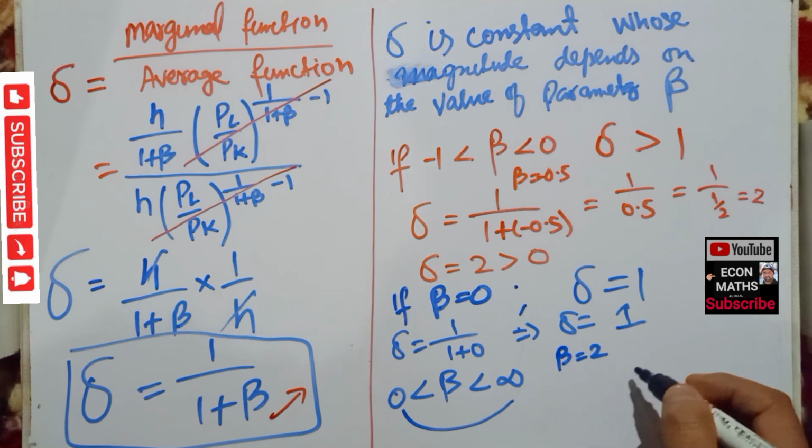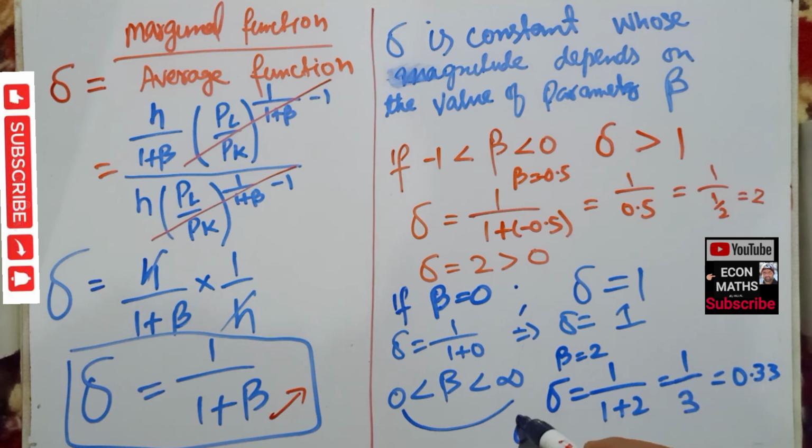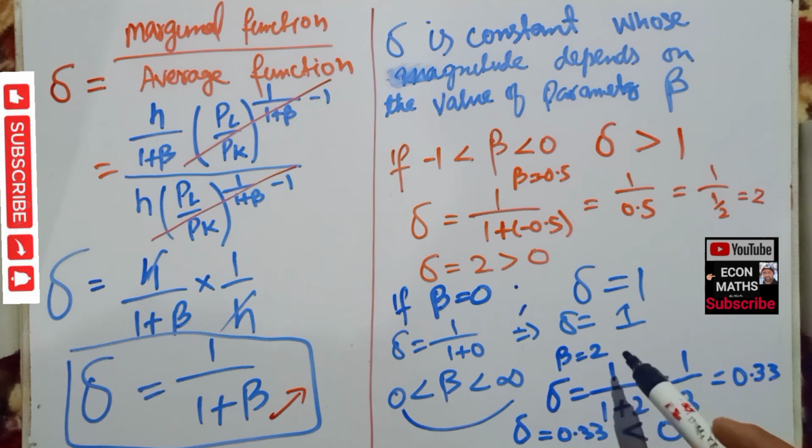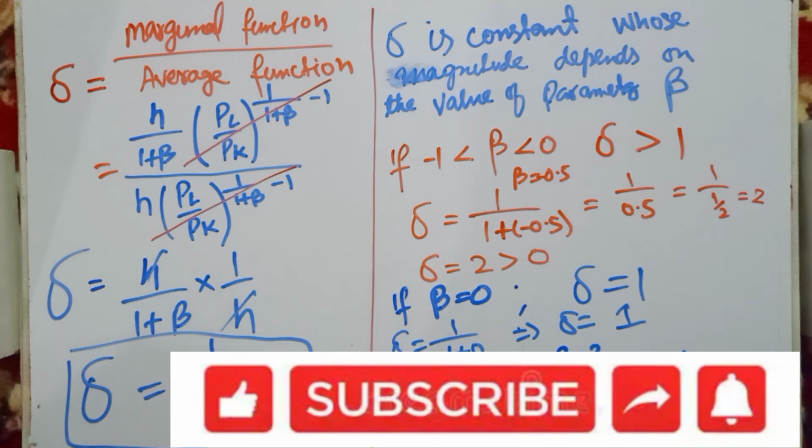Then elasticity of substitution will become 1 divided by 1 plus 2, which is equal to 1 by 3, which is less than 1. 1 divided by 3 is 0.33, implies rho or elasticity of substitution is equal to 0.33, which is less than 1. So the bigger the number in the denominator, the whole fraction becomes smaller. So this is to be remembered here.